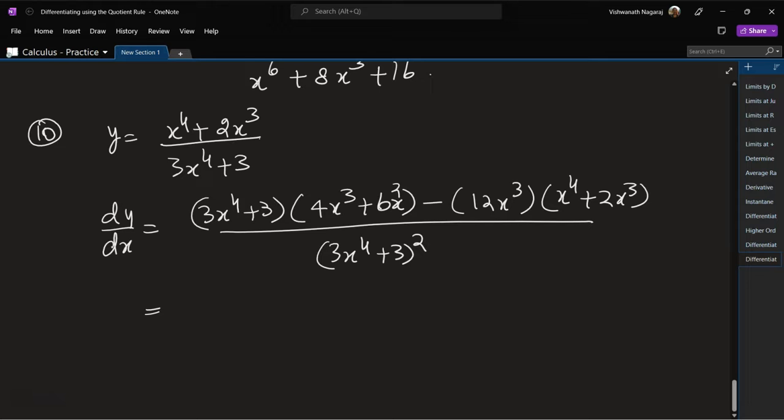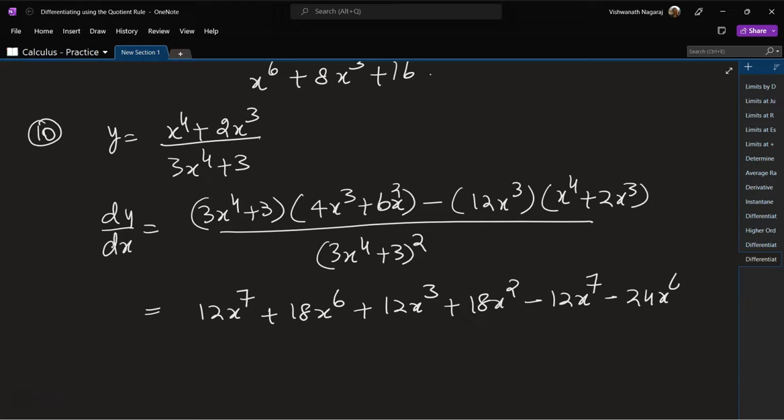Okay, simplification. So 4 times 3 is 12x to the power of 7 plus 6 times 3 is 18x⁶ plus 12x cube plus 6 times 3 is 18x square minus 12x to the power of 7 minus 24x⁶, divided by (3x⁴ plus 3) square.